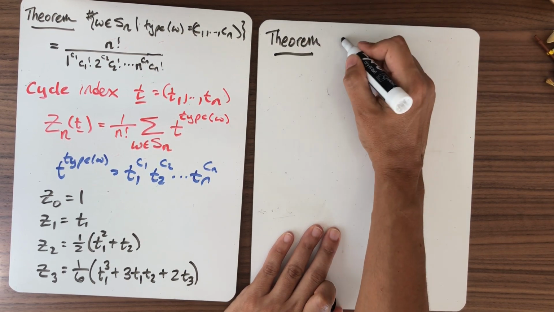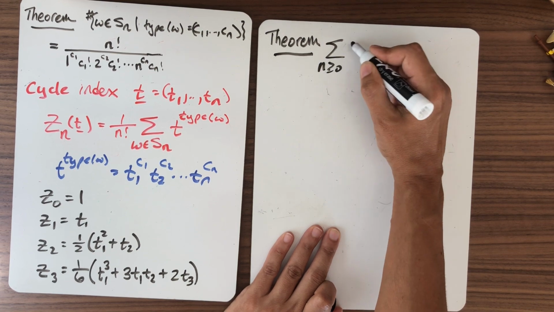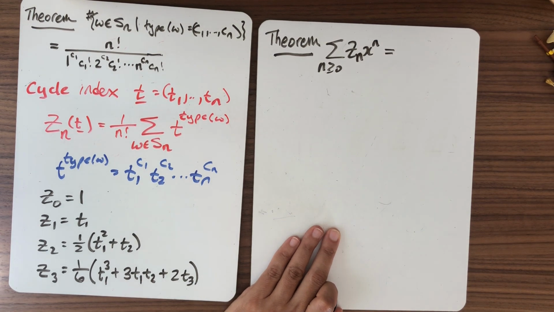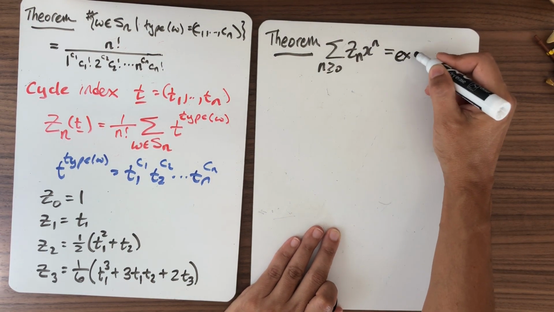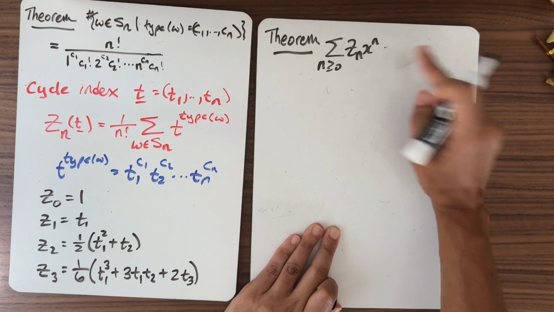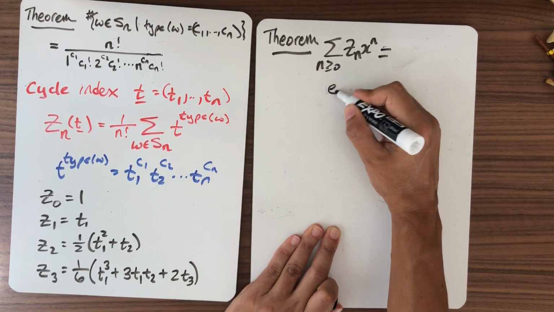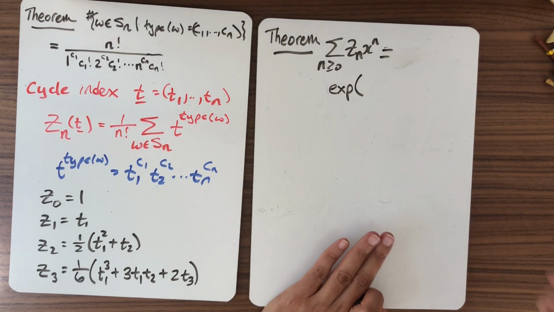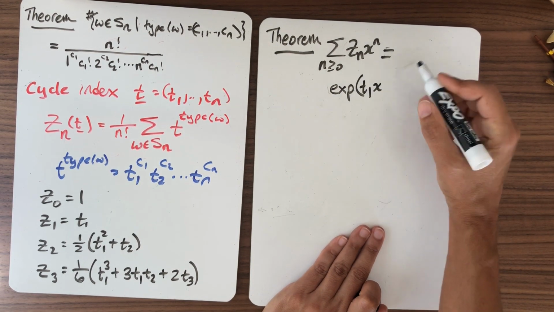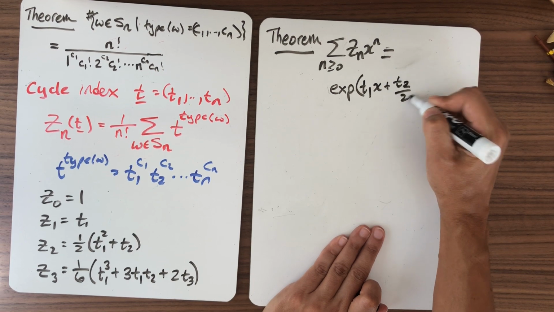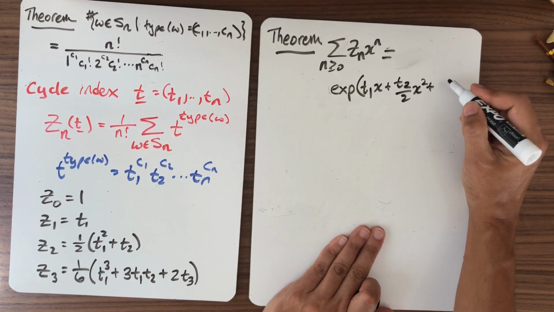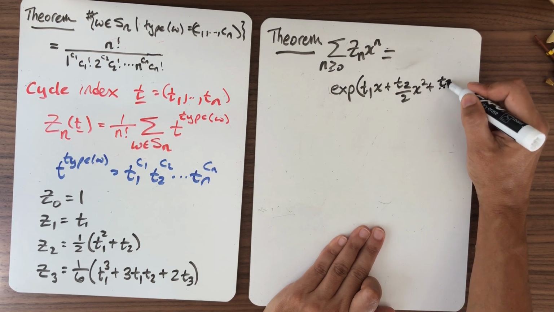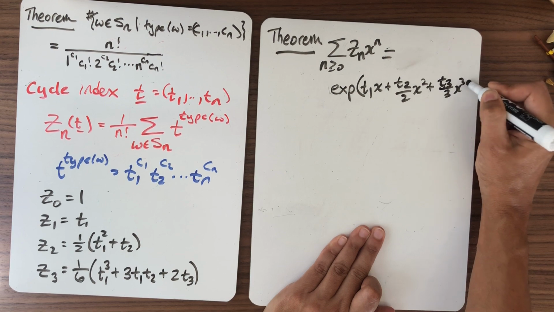So the theorem is that the sum, n greater than or equal to 0, Zn x to the n, what is this equal to? I think we'll need a little more space to write it. Exponential of T1 x plus T2 over 2 x squared plus, maybe I'll put one more term, T3 over 3 x cubed plus.